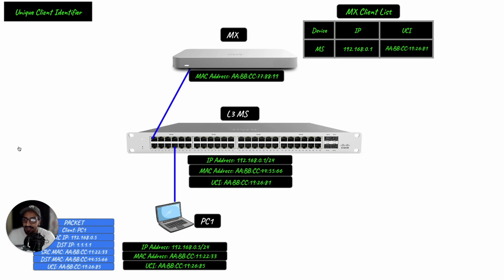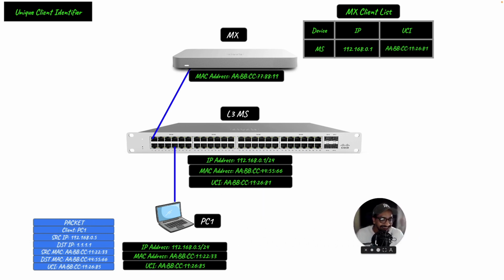So here we have a packet from PC1: the source IP address, which is PC1's IP address, the destination, which is Cloudflare's DNS IP service, the source MAC, PC1's, and the destination MAC, which is the layer 3 switch, because the default gateway of PC1 is the layer 3 switch. And then of course the UCI.